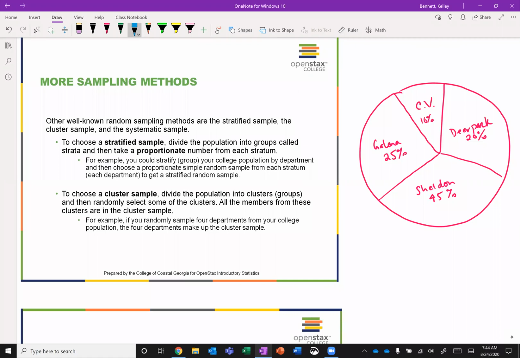So I would have my sample of Sheldon folk, my sample of Galena folk, my sample of Channelview, and my sample of Deer Park. I'm pulling simple random samples from each of the strata, and then together that will make my stratified sample.